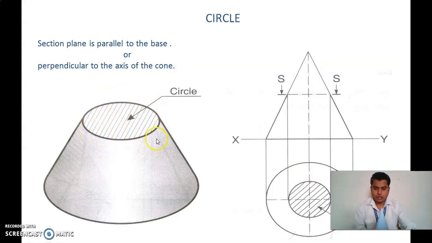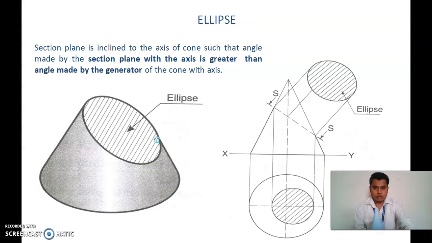Second is the ellipse. Now if you can see, the section plane is inclined to the axis of the cone such that the angle made by the section plane with the axis is greater than the angle made by the generator. SS is the section plane, and the angle made by this SS is greater than the angle made by the generator.